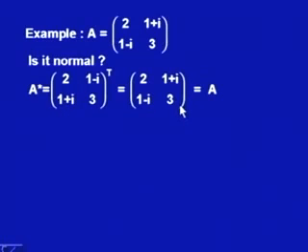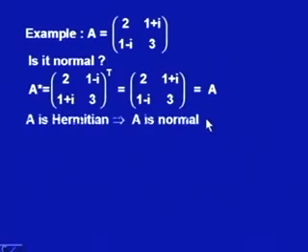So, that is the transpose, and if you compare this matrix with the given matrix, we can notice that this is nothing but A. So, A star is equal to A. So, it is a Hermitian matrix, and we have already proved that Hermitian matrix is a normal matrix, and in this sense the given matrix A is a normal matrix.